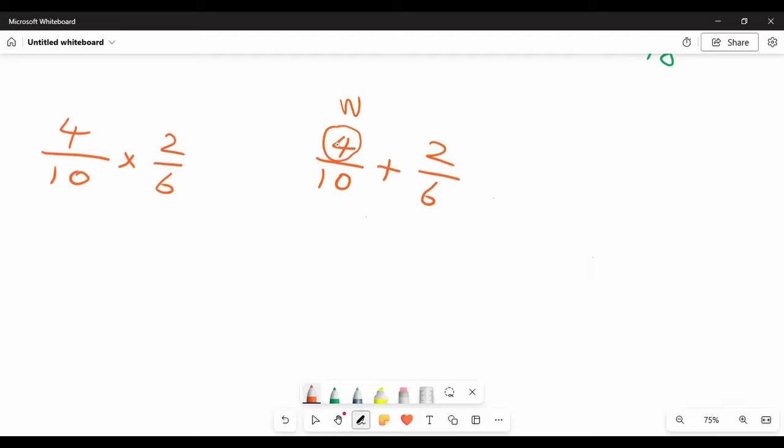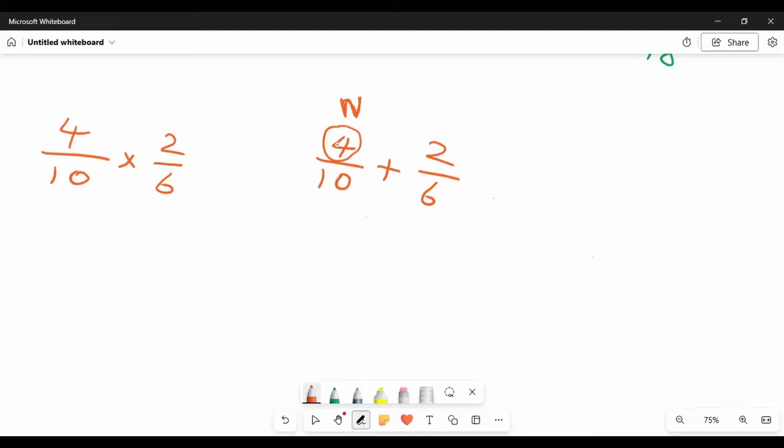What is the denominator we have for this 4? Is it only 10? Exactly, it's going to be only 10, not 6. We can't consider 6 as a denominator for 4.